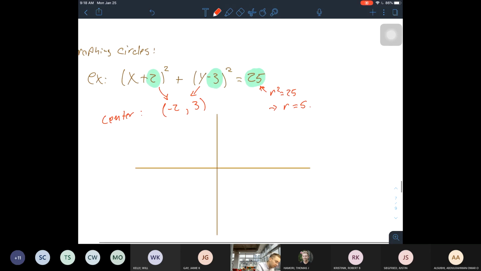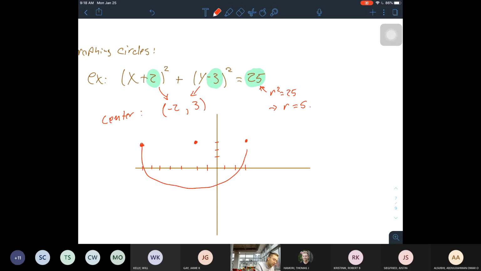So I just go to that point. So 1, 2, 1, 2, 3. We go to that point, and then we count 1, 2, 3, 4, 5. That's going to be 5 units away.